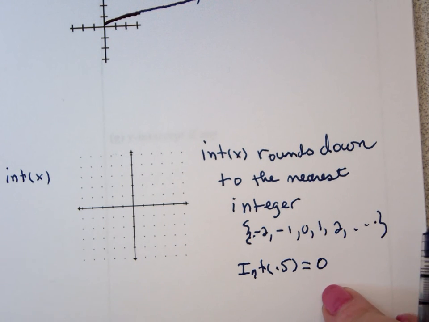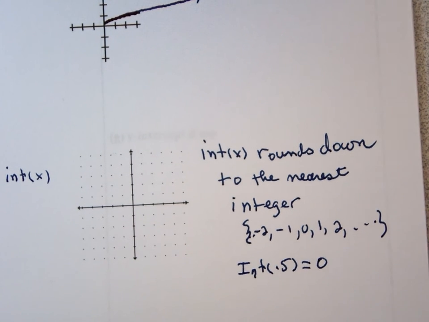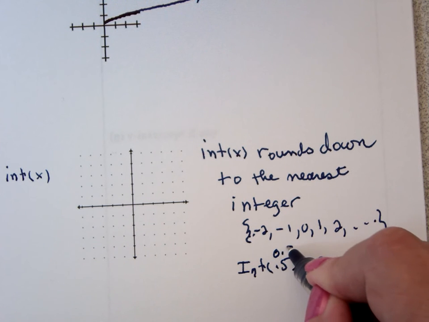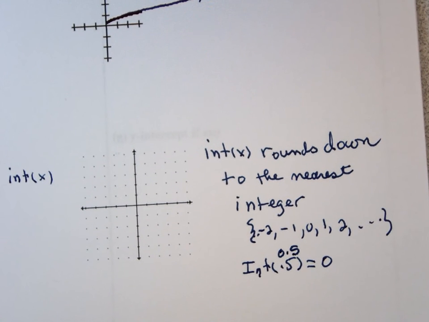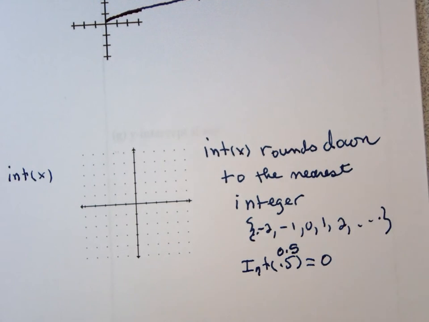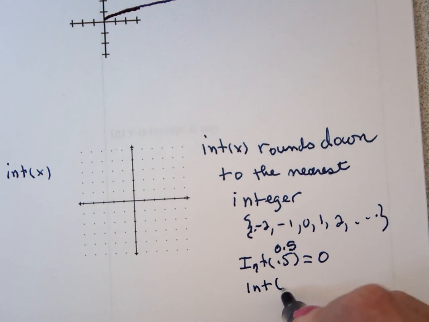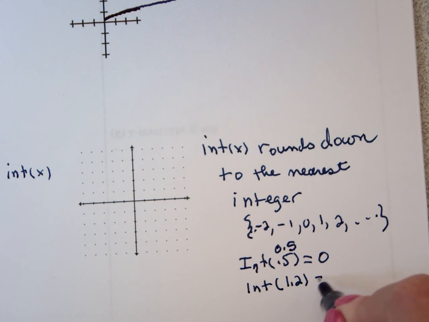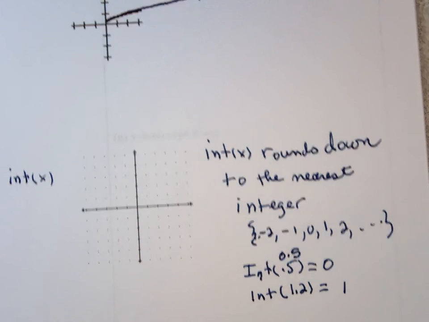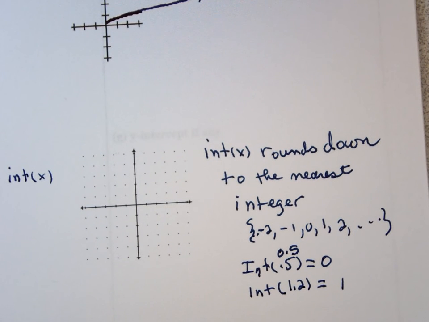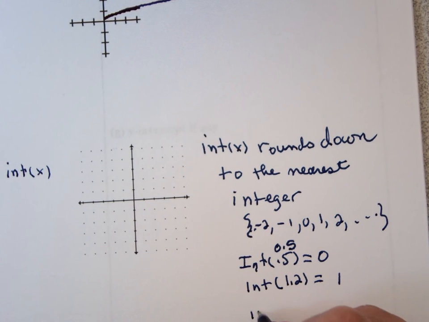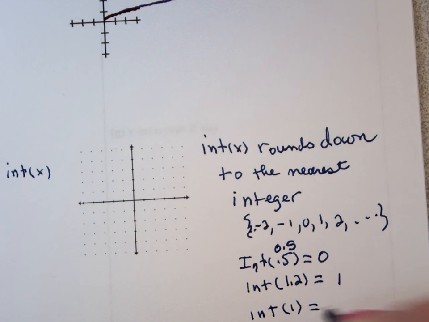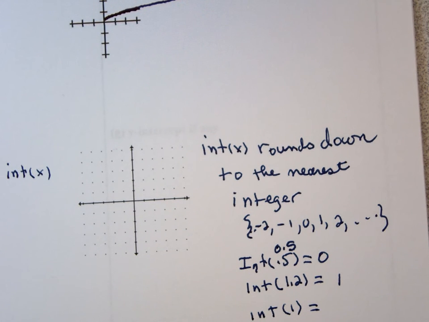Now, by the way, if you're on the plus side of things, it's easy. If you're on the plus side, you just cut off the decimal. So int of 1.2 would be 1. So you just kill the decimal. So that's easy. Int of 1 would be 1, yeah.